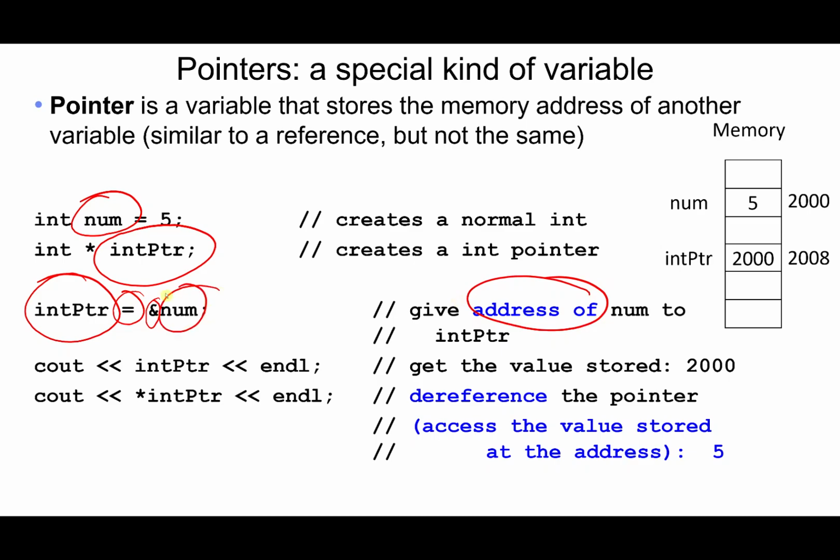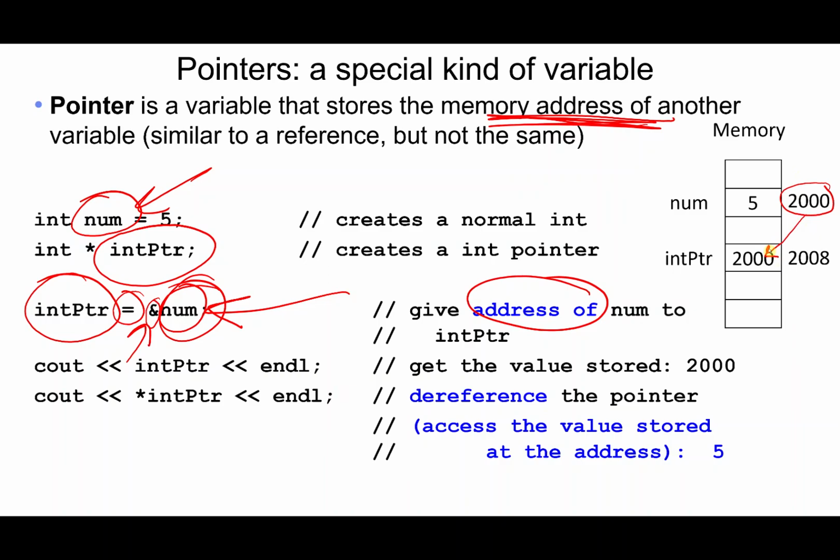So basically what I'm doing in this line is saying, since int ptr is a pointer which stores addresses, I'm going to store the address of num. This is how I ask for the address of, using the ampersand, and address of which variable? Num. So this is the address of num, right? So that is being stored in here.